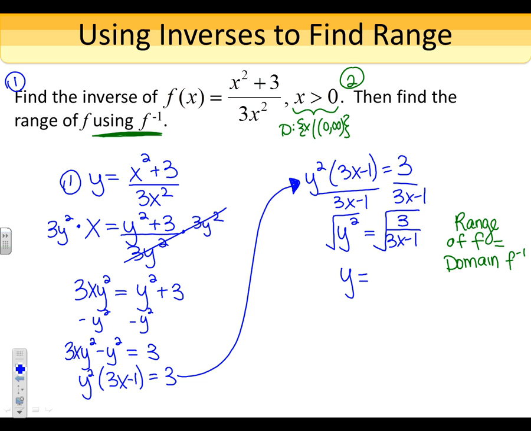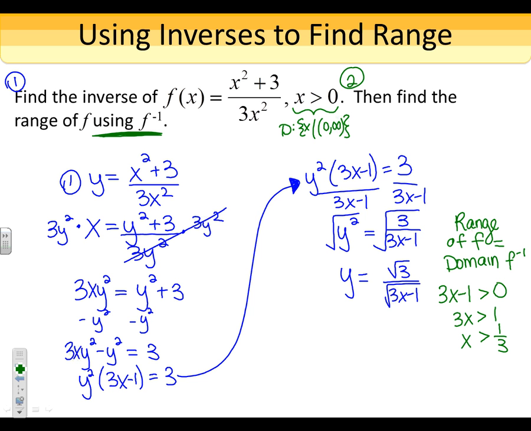We rewrite this as square root of 3 over square root of 3x minus 1. So what that means is that 3x minus 1 has to be greater than 0, so I can't take the square root of a negative. So 3x has to be greater than 1, divide by 3. x has to be greater than 1/3.